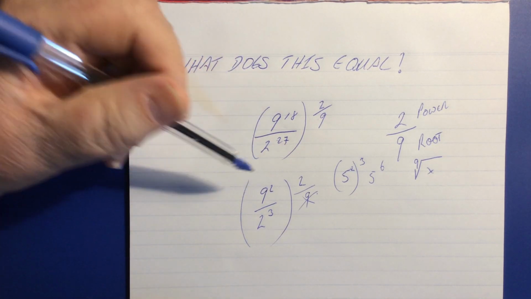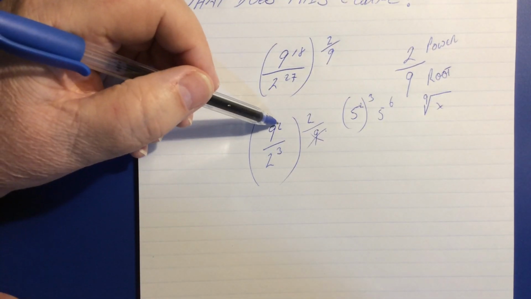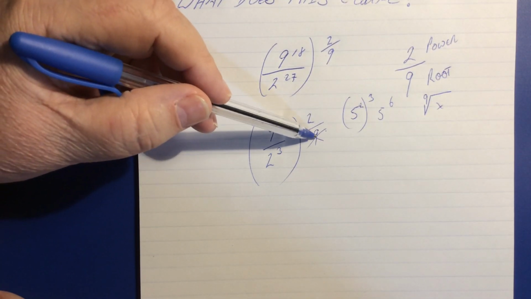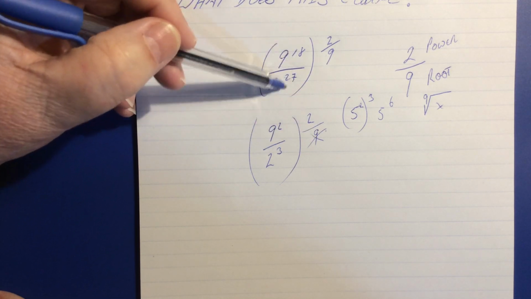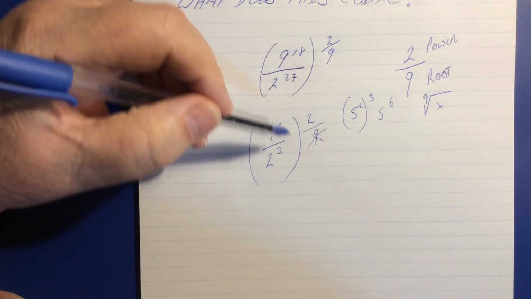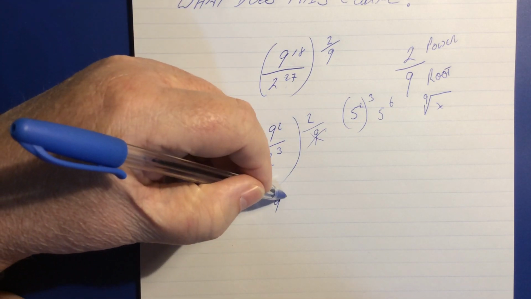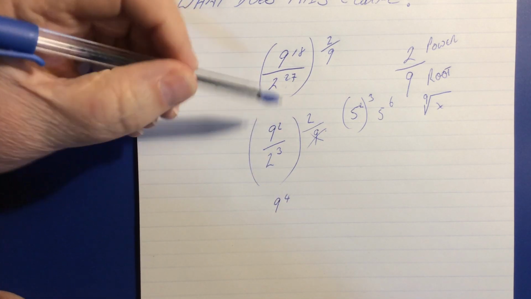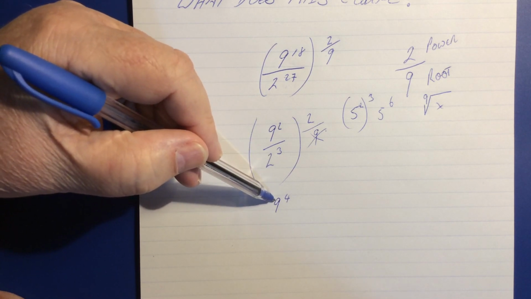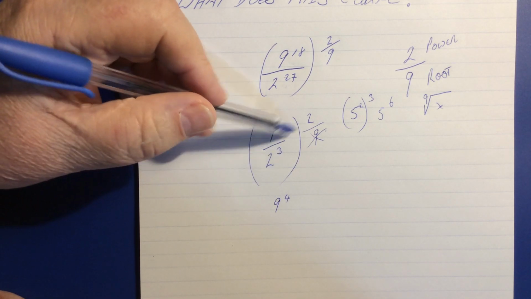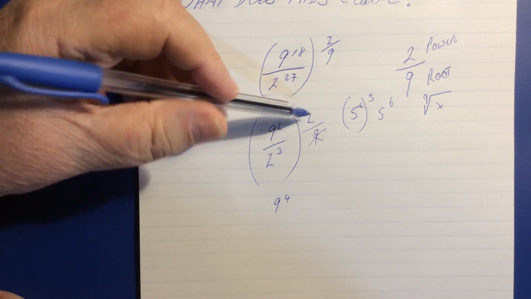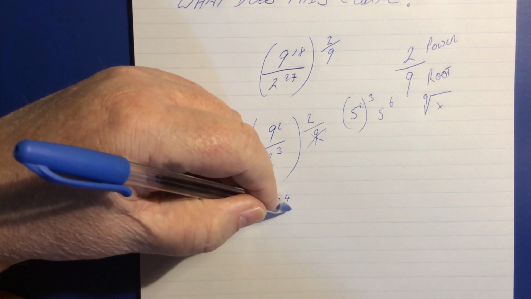So, we apply our next rule, which is, having used this to divide these numbers and make them considerably smaller and more manageable, we multiply. So this becomes 9 to the power of 4 over 2 to the power of 6. That might be what we need a calculator for if we're not prepared to leave it in that form.